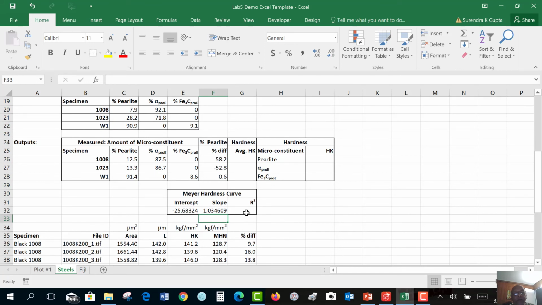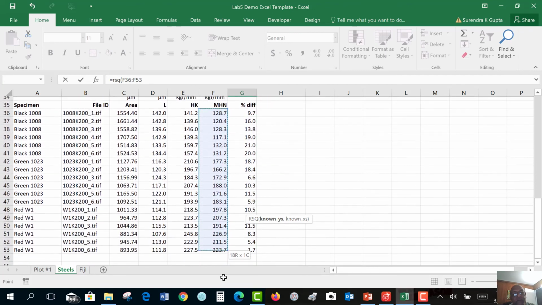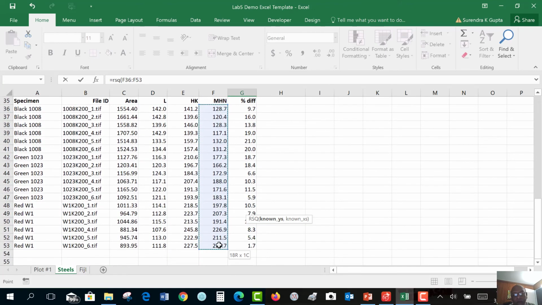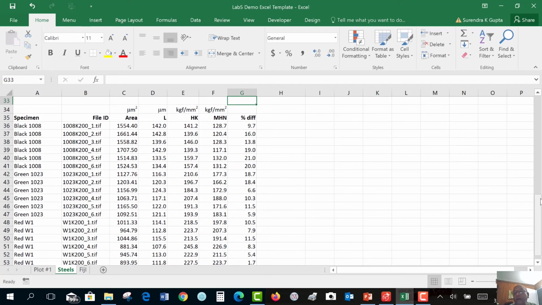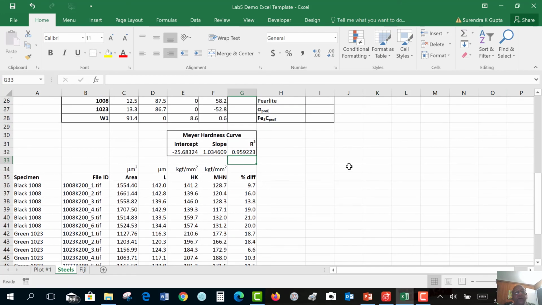Intercept should be 0. Let's look at r square. Y, comma, x. So you can see we get a very nice line fit.